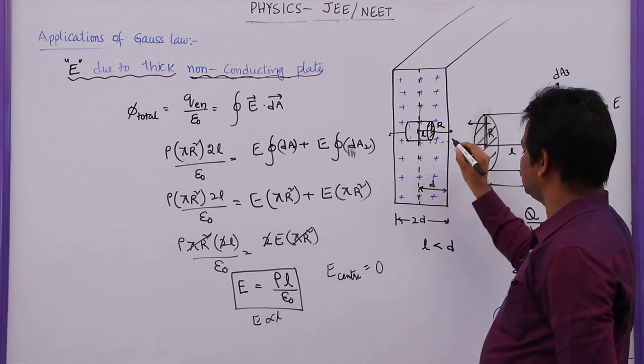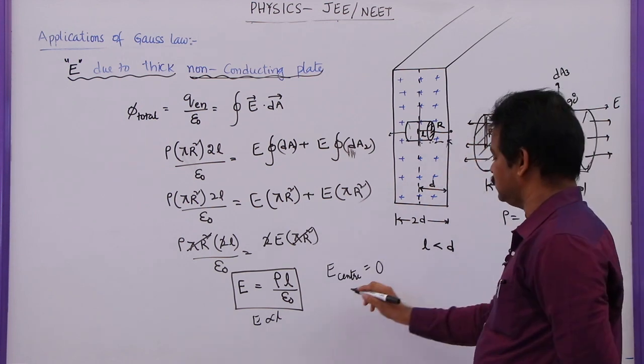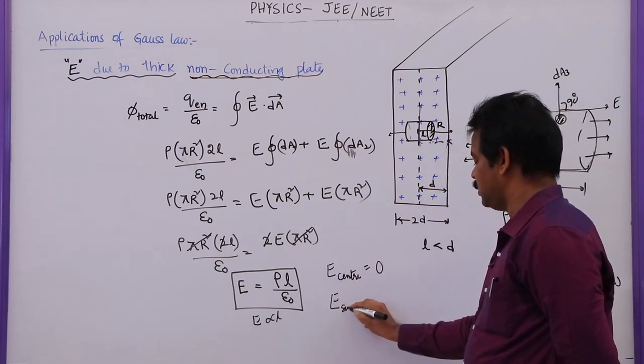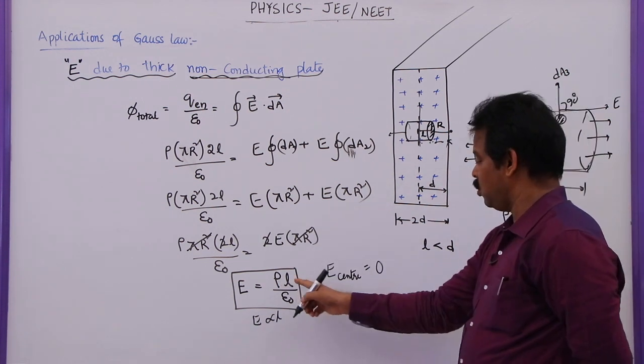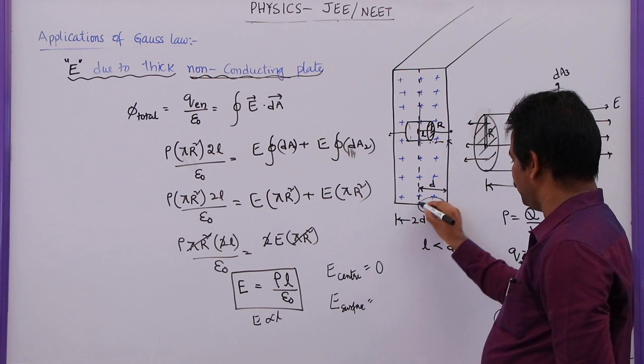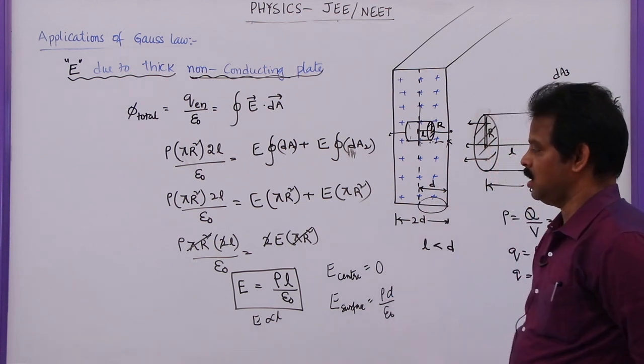As you move away from the center, the electric field on the surface, where L becomes D, is given by rho D by epsilon naught.